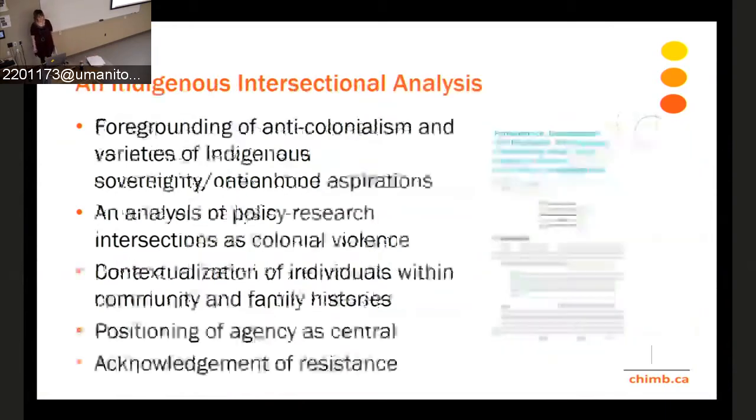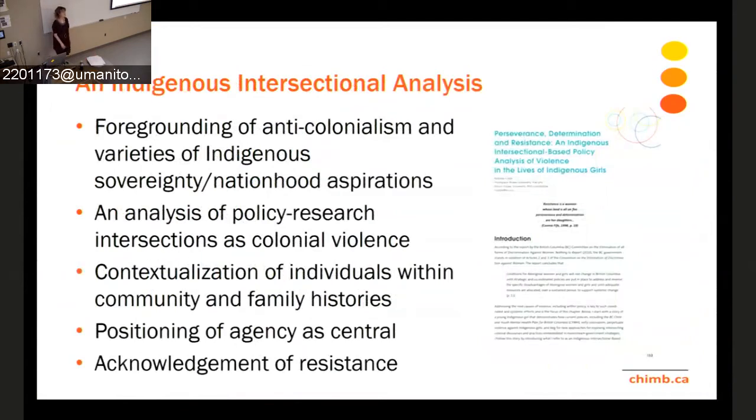We take a step further by talking about an Indigenous intersectional analysis. And this is pertinent, I think, when we're talking about incorporating a trauma-informed intersectional analysis within Canada, within patient and public engagement. We need to think about the foregrounding of anti-colonialism, as well as the varieties of Indigenous sovereignty and nationhood aspirations.